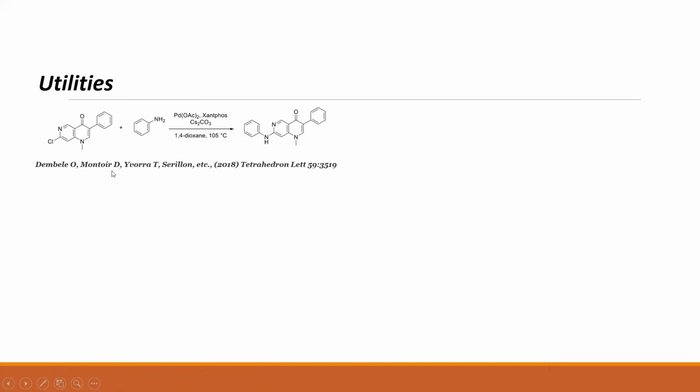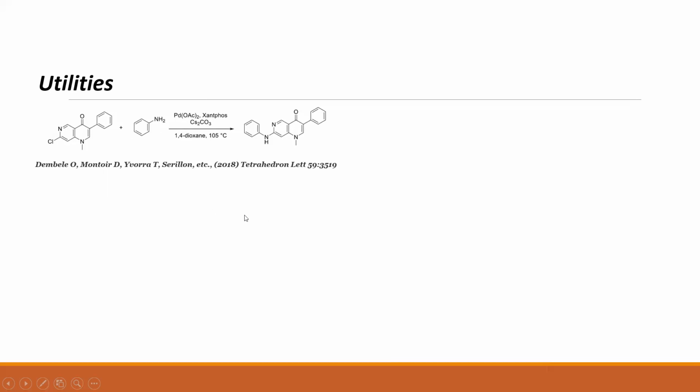Because of the ubiquity of aryl carbon-nitrogen bonds in pharmaceuticals and natural products, the Buchwald-Hartwig cross-coupling reaction has been frequently adopted in many organic syntheses and relevant industrial preparation of numerous pharmaceuticals.